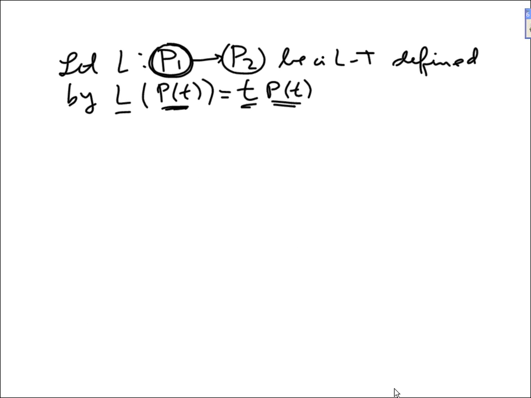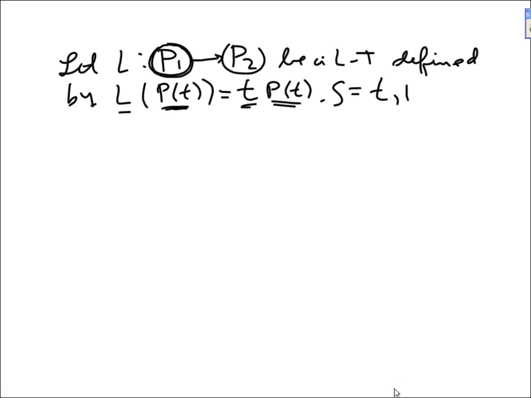That is, what if we make this problem harder? So I'm keeping the same definition for L, but I'm going to give two different bases. One for P1, one for P2. Not different from one another, but different from the one that we just worked with. Okay, we'll let S be the same.